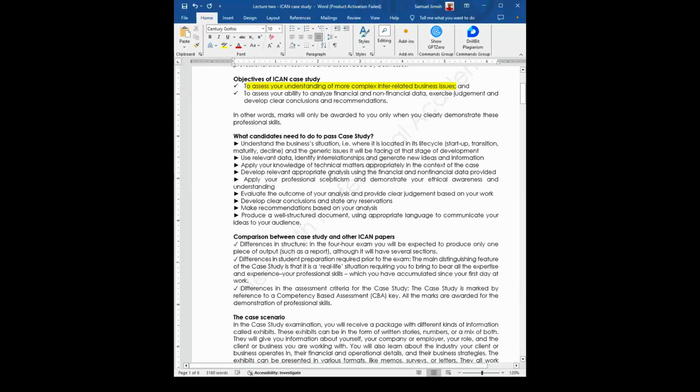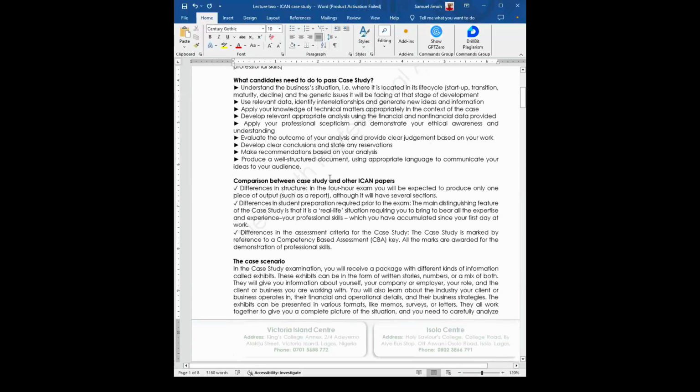So what are those things that you need as a candidate to pass case study? We have discussed some of these things before. You need to understand the business situation, where it is located in its life cycle. So possibly if a business is a startup business, and you see that the business is probably not making enough profit or is yet to be making profit, it could mean that the business is still recovering from the startup costs.